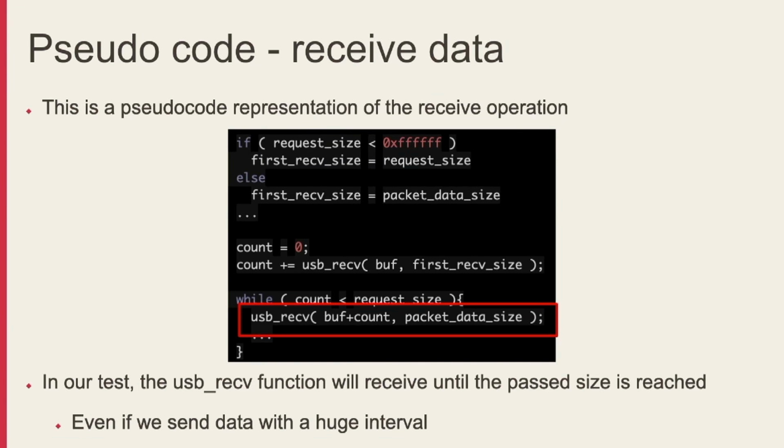This is what we need to achieve. But the USB receive function will keep receiving data until the path size is reached. Even if we send data in huge intervals, the device will still be waiting for data.